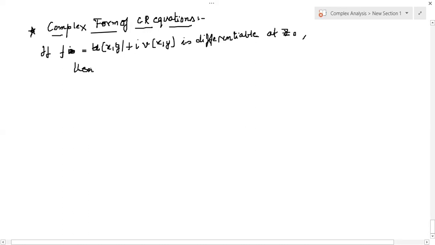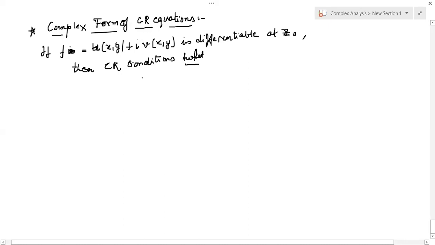This we already know, so I'm not going to write it out. Now we'll use these conditions and see one important proof.